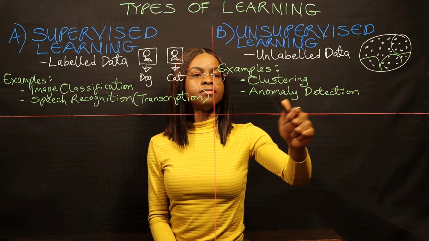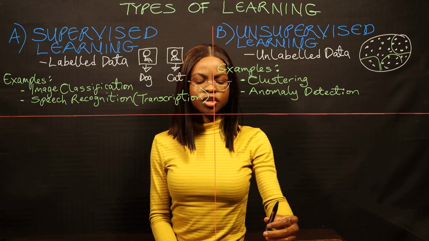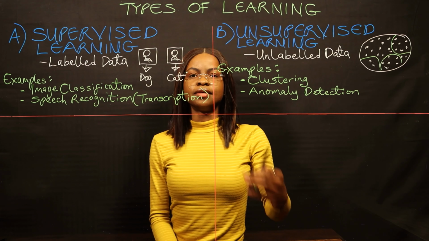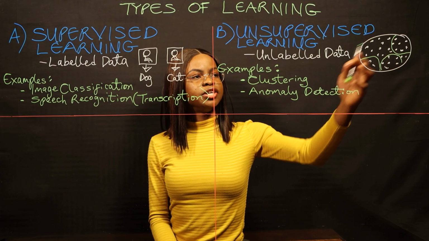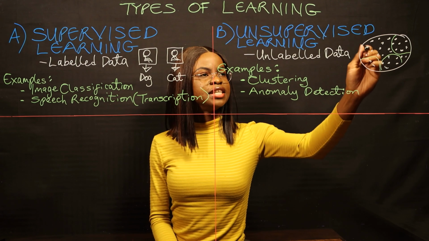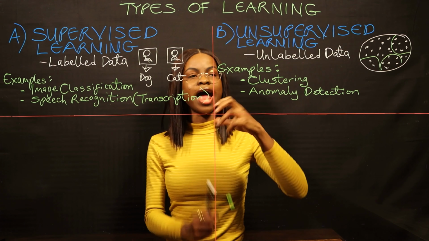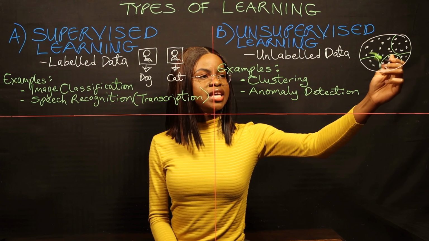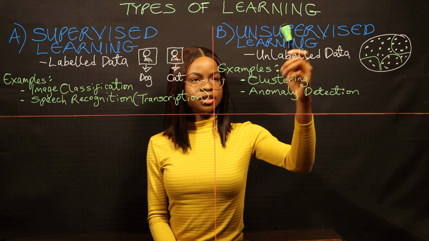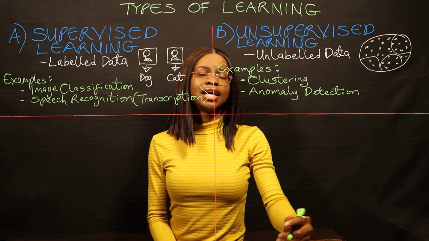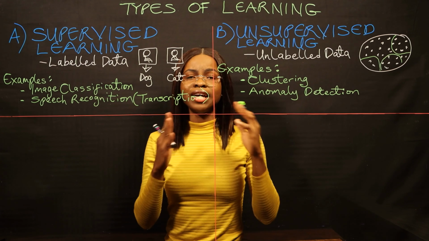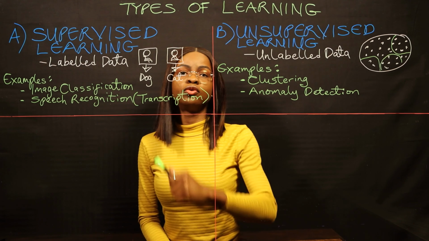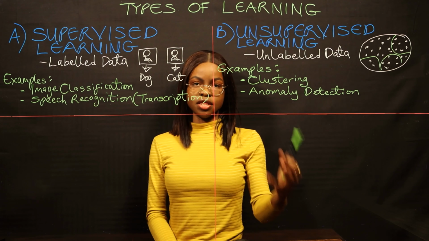And anomaly detection, you could even use it in cybersecurity protection, where the model, based on the data you give it, is able to say this kind of behavior is an anomaly. It's not what is common within the data set. So you could use unsupervised learning for that. And generally, unsupervised learning is for unlabeled data, that is, data that does not have labels or tags on it.